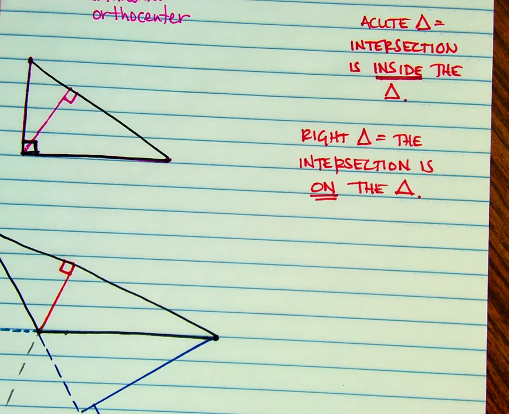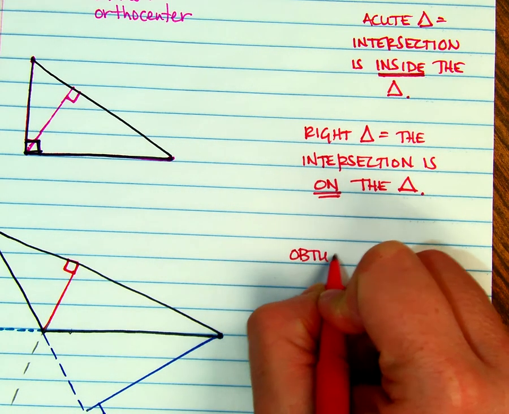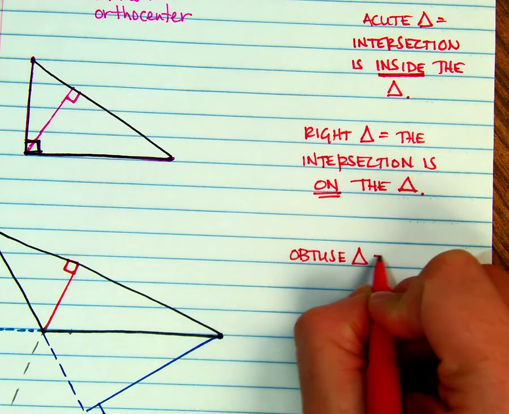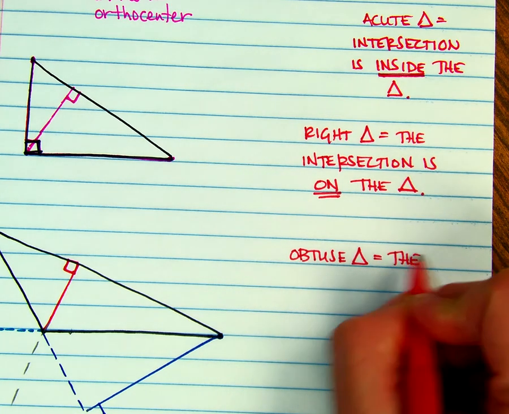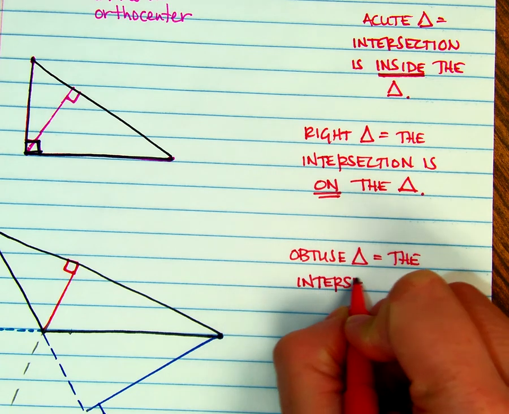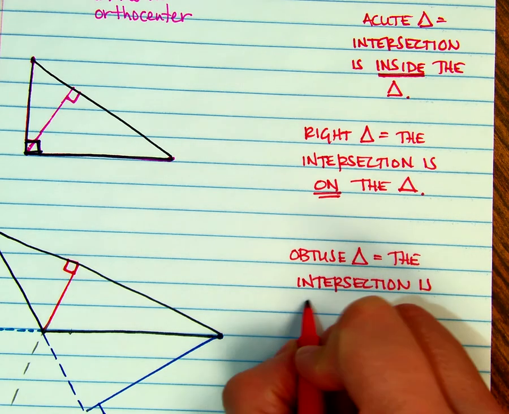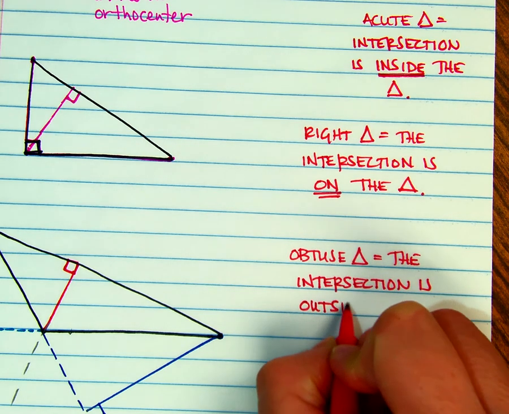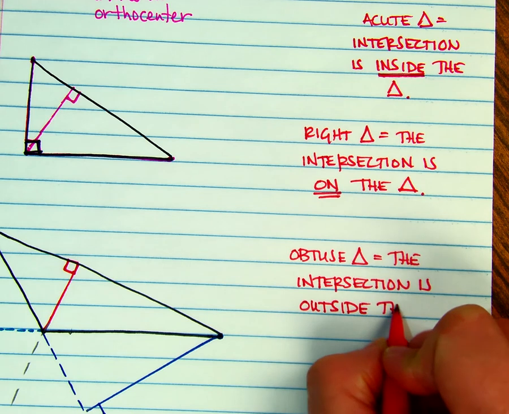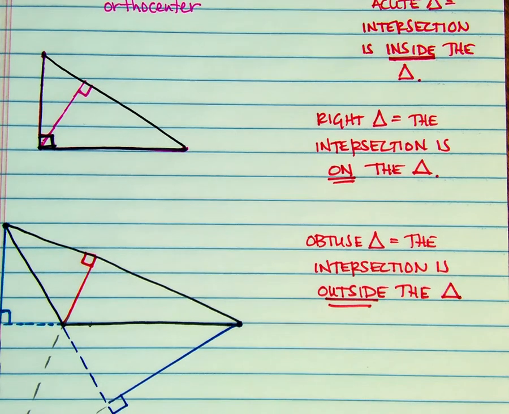So, adding to our notes, in an obtuse triangle, the intersection or the orthocenter is outside the triangle.